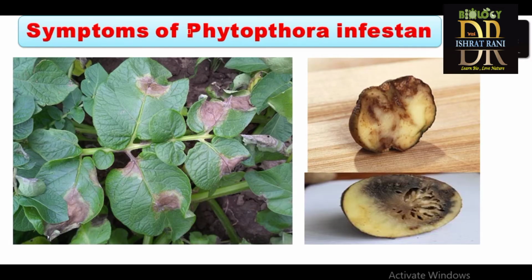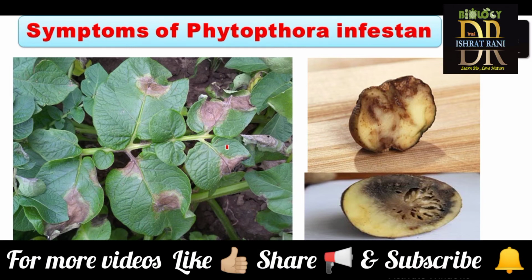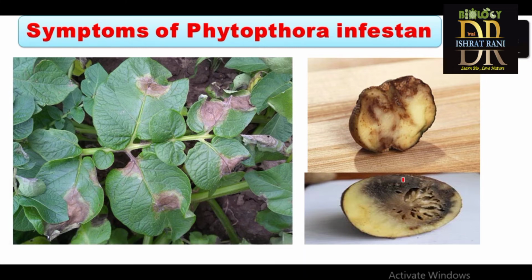So here you can see the leaves of potato, or Solanum tuberosum. These leaves are infected first, then the mycelia go inside the soil, and then your potato crop will be rotten or spoiled like this. These are two pictures of potatoes.